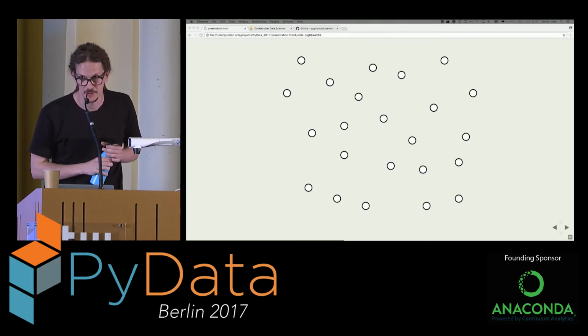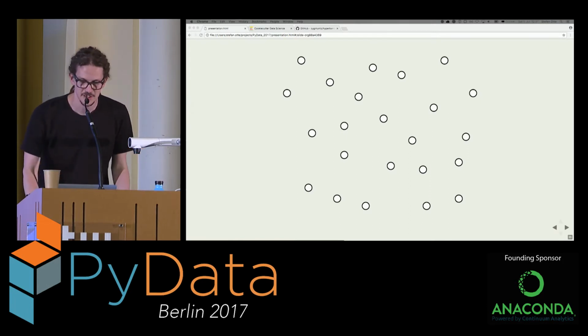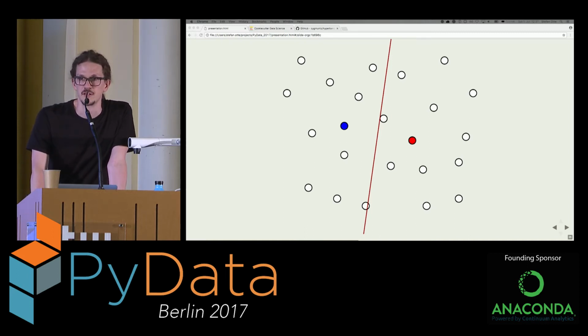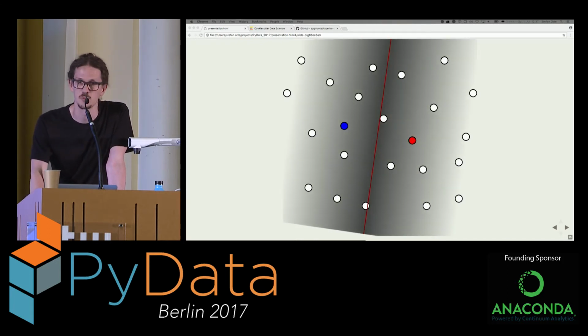So let's look at some data. Here's a little data set, and we already have two labels, right? Typical classification task. Here's a decision boundary. So what is interesting? We have many ways to decide it. We could say maybe it's the distance of the points to the decision boundary, right? That is one way. So maybe everything in the darker area is interesting.